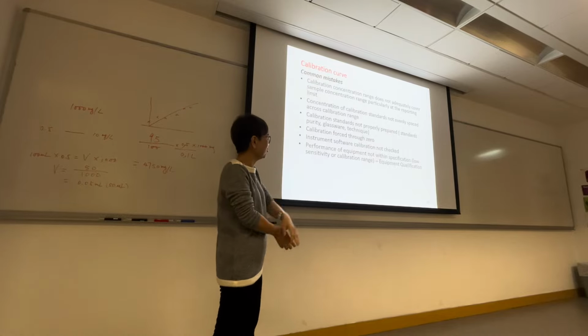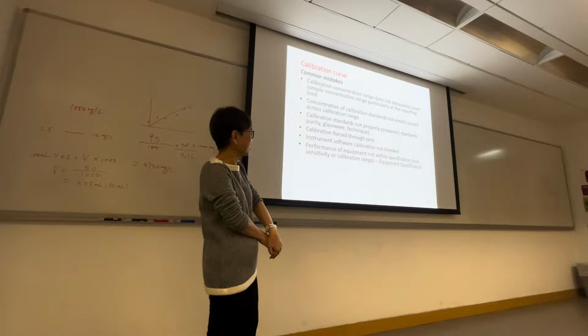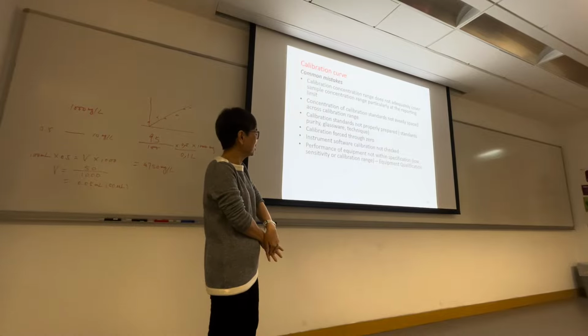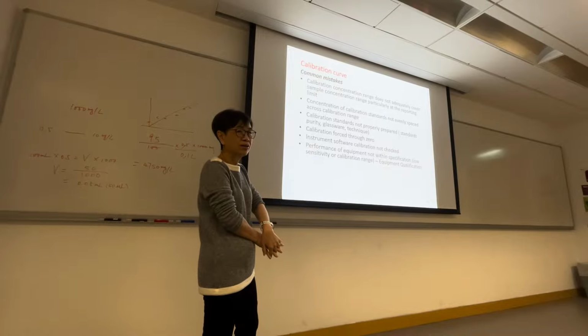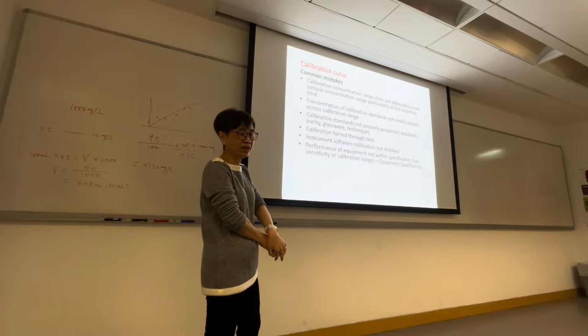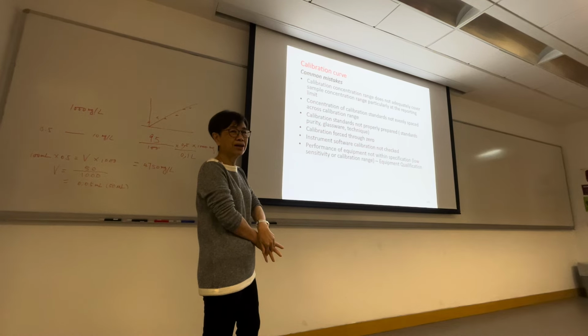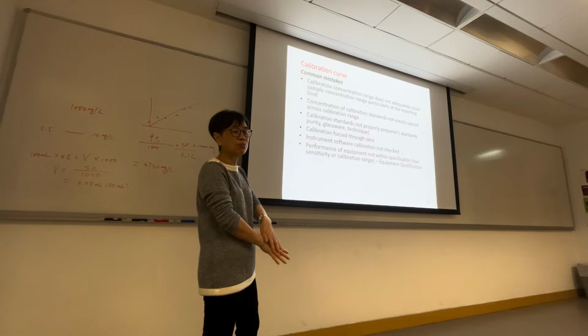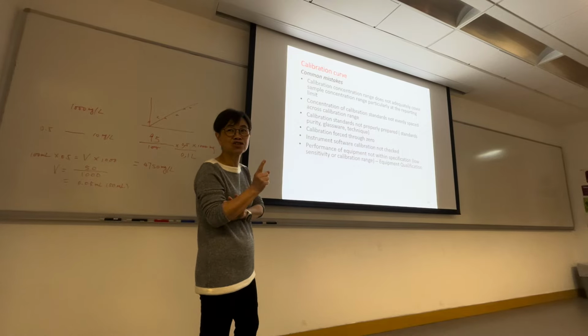So, performance of equipment not within specification, no sensitivity or calibration range. That means they haven't checked or imposed any quality control check against the daily performance of the instrument, especially for internal standardization.